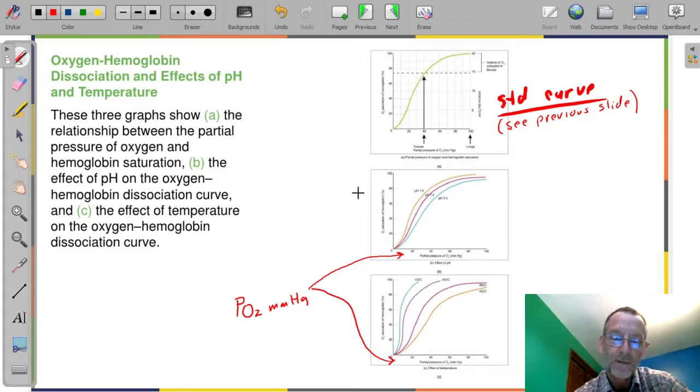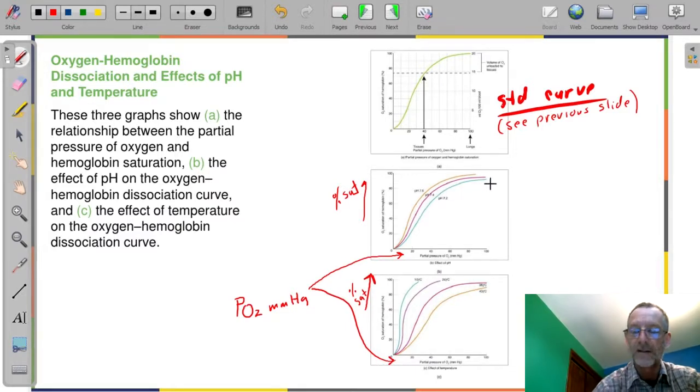And on the vertical is the percent saturation, just as before. I know you can't really read that. I can't either. Okay, so the middle and the bottom panel. The middle panel is showing changes in pH. How does pH affect the dissociation of oxygen?